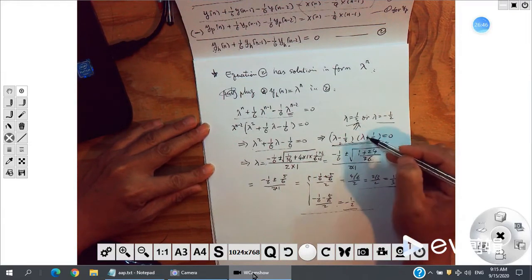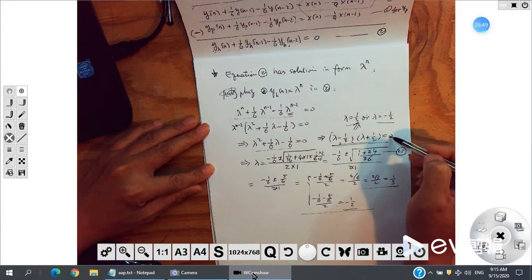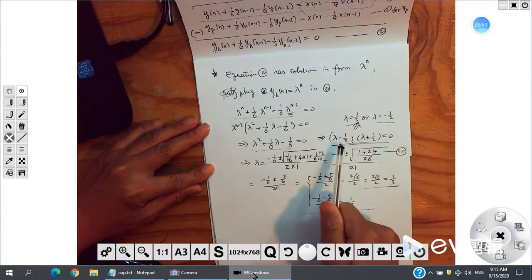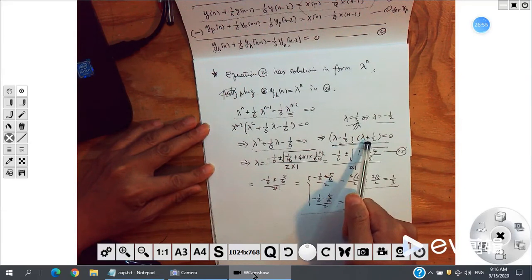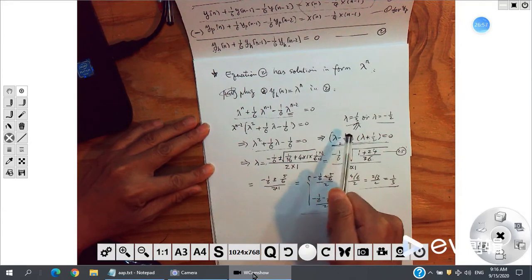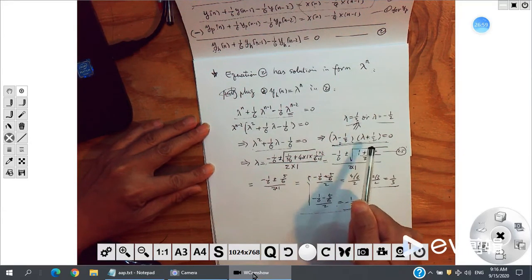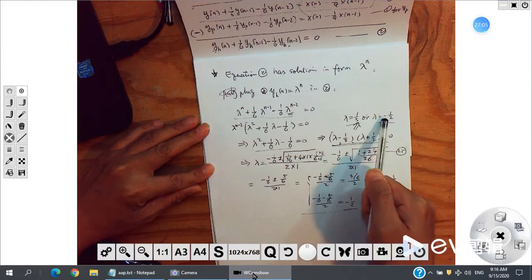Two numbers times two numbers equal to 0. So either one should be 0. The first one is 0 or the second one is 0. If the first one is 0, you have lambda is 1/3. If the second one is 0, like something plus 1/2 is 0, then lambda should be negative 1/2.